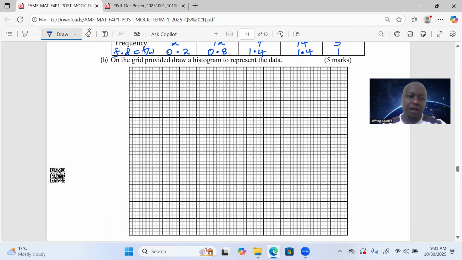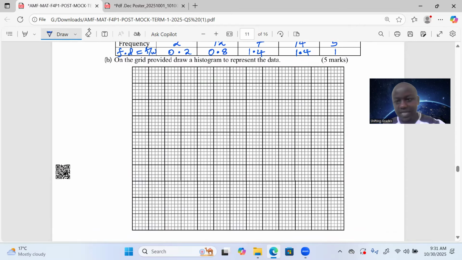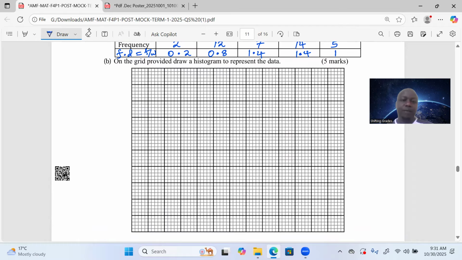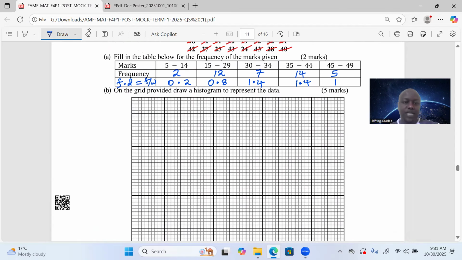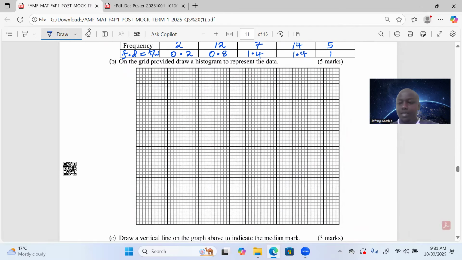So on the grid provided, we are now drawing a histogram. And what have I just mentioned? For a histogram, when class intervals are not the same, we use frequency density against the class boundaries. So frequency density takes the vertical axis.